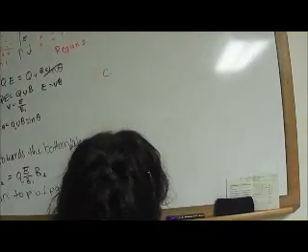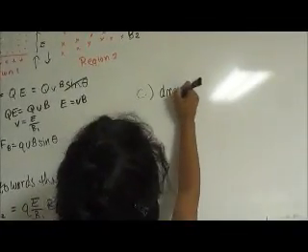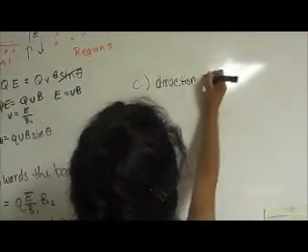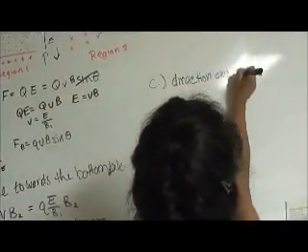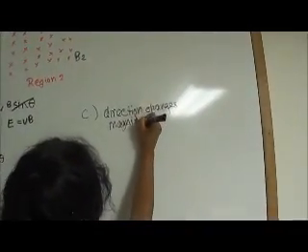The only thing that does change is the direction. So for part C, we write the direction changes, but the magnitude remains the same.